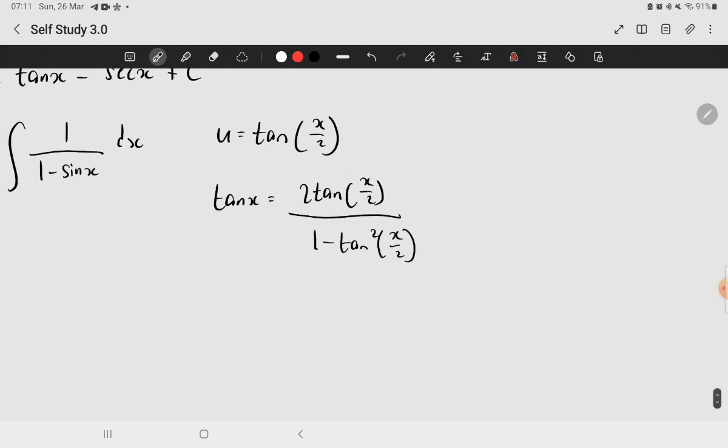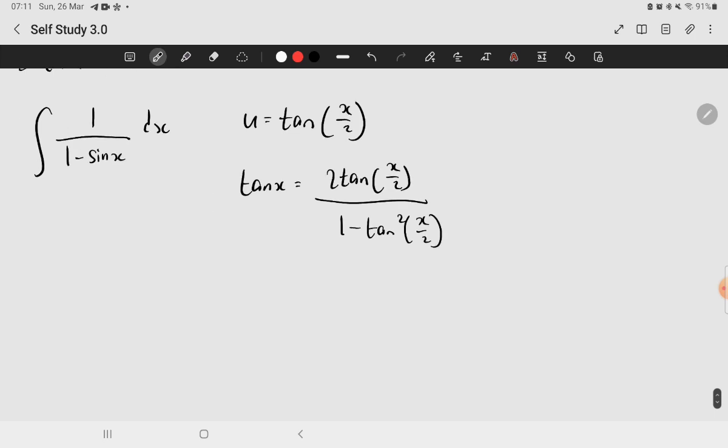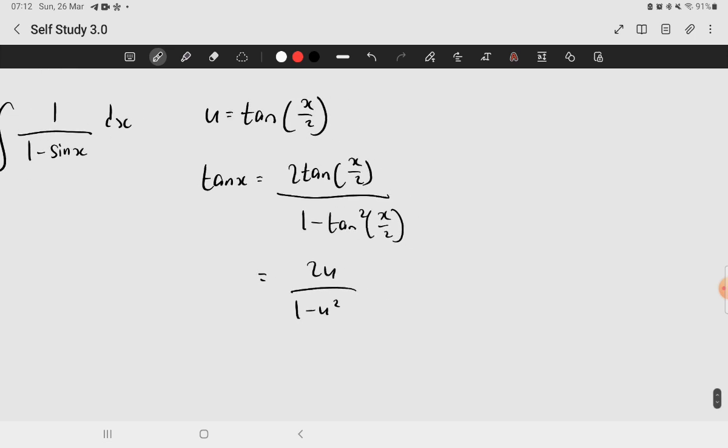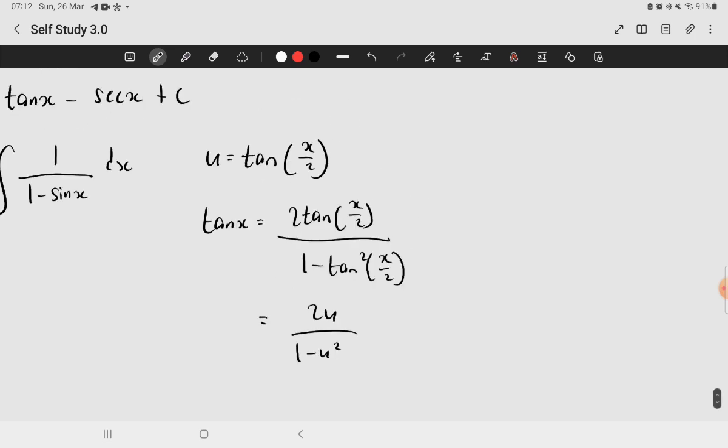And we know that tangent x over 2 is u, so we could write this as 2u over 1 minus u squared. From here, we realized that we could build a right angle triangle, and from there we could express sine of x and cosine of x in terms of u. That's the cool thing about this one. So let's build a triangle first.